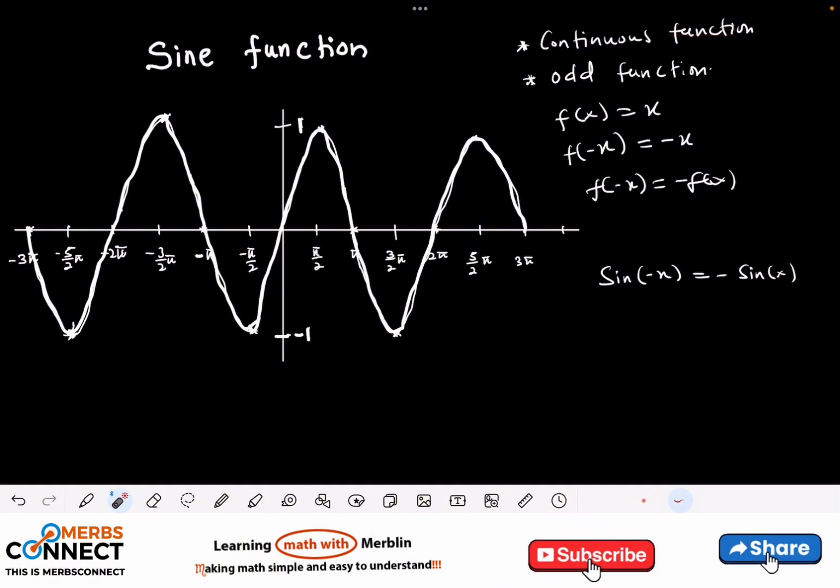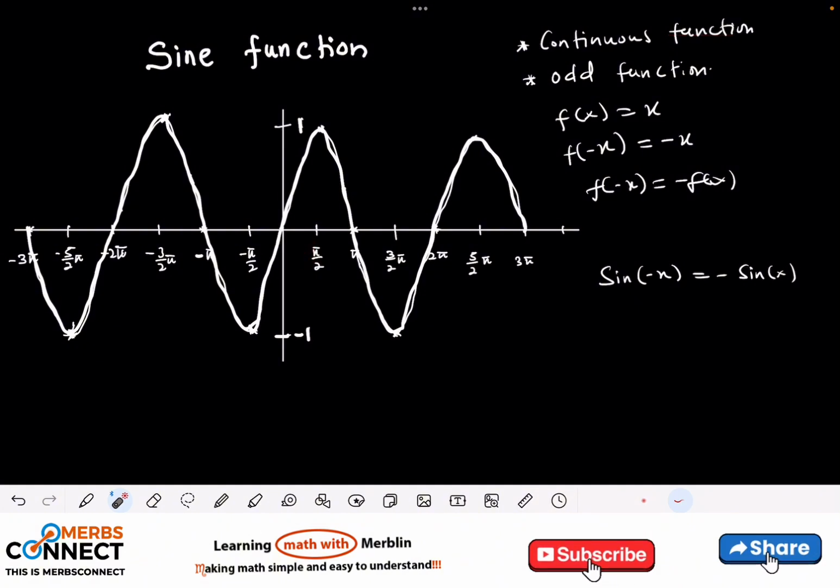Then all the odd ones, the ones in the form of a fraction: sine 90 here is equal to 1, but sine 270, which is 3 over 2 pi, is equal to negative 1. So it's like we are alternating. If this one is 1, we have 1.